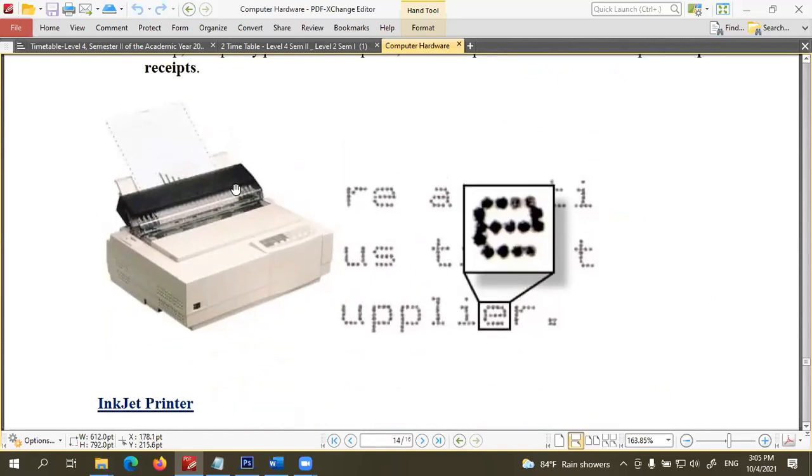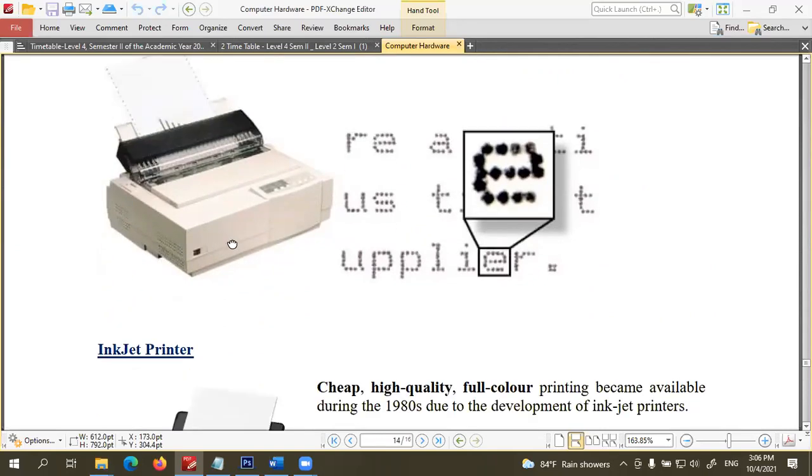However, depending on the situation and the requirement, they are usable. As I explained earlier, if you don't need much quality in the printout, and you are not willing to spend a high cost, then the most preferred printer is the dot matrix printer.